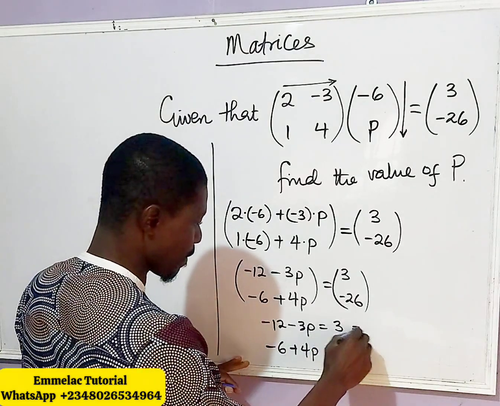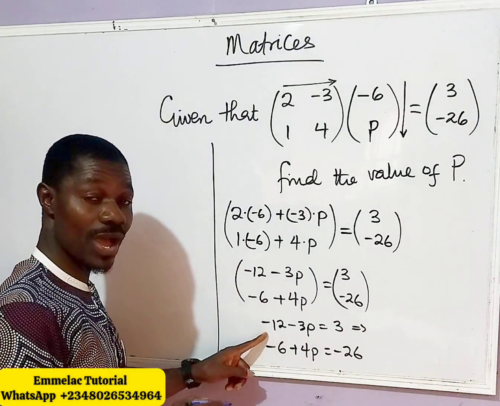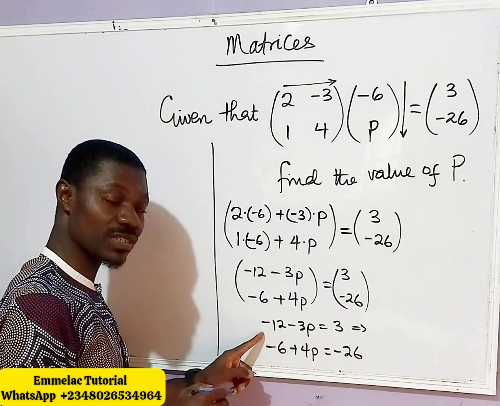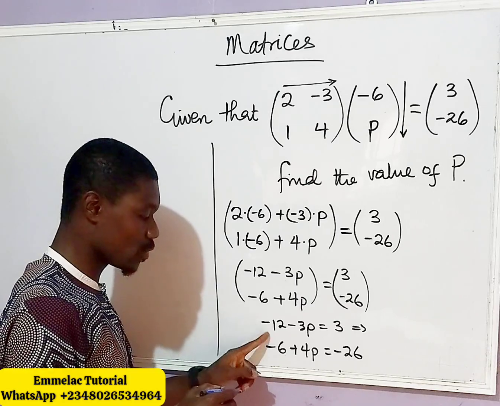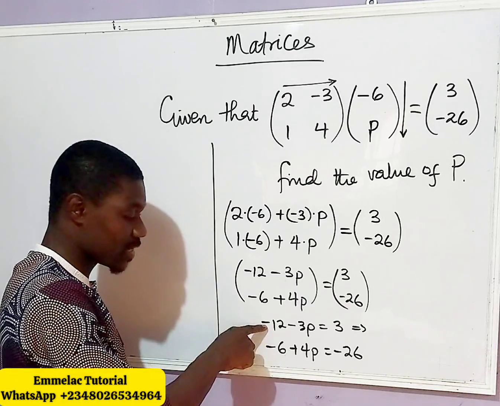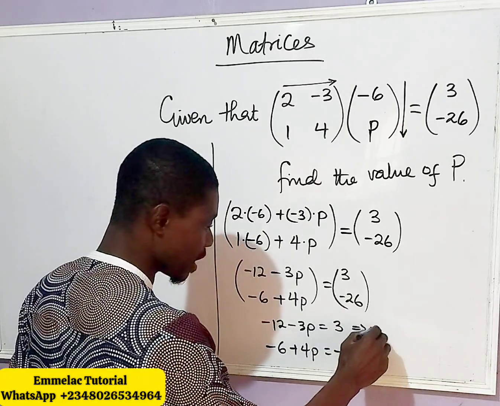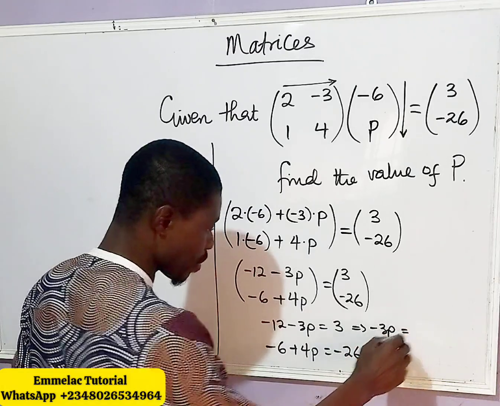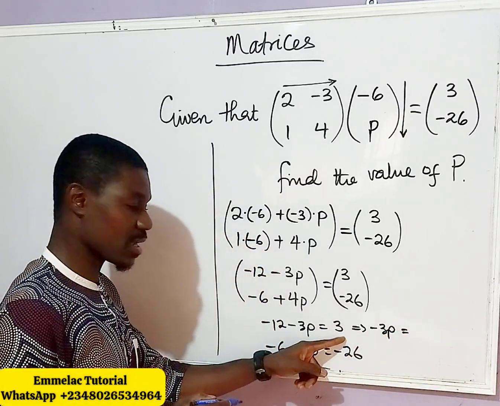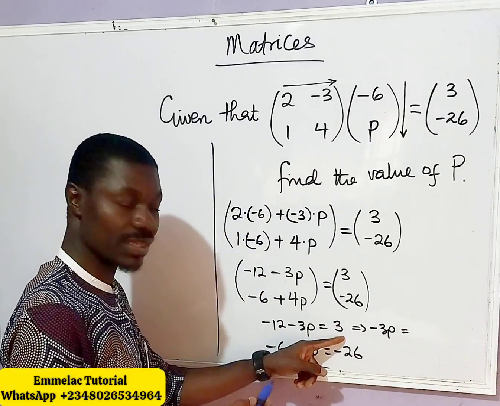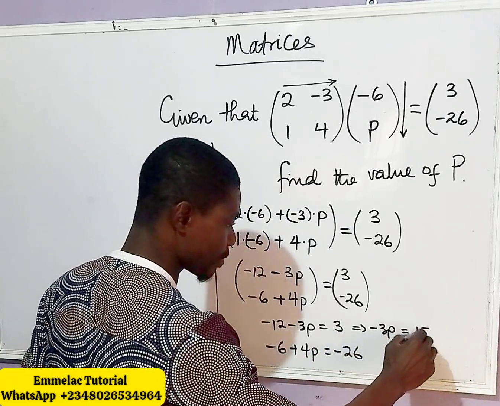In this case here, we add 12 to both sides, because 12 is having a negative sign here. So the opposite of this negative operation will be plus. So let us add plus 12 to both sides. We end up having -3p equals, and when we add 12 to the right hand side here, we have 15.